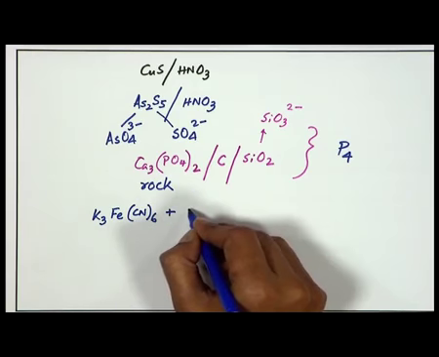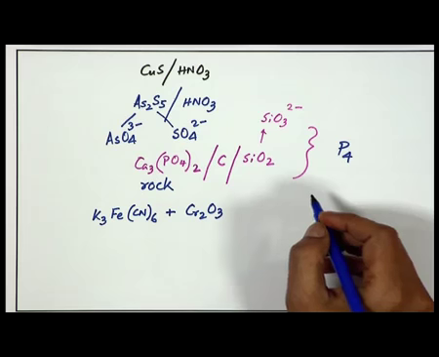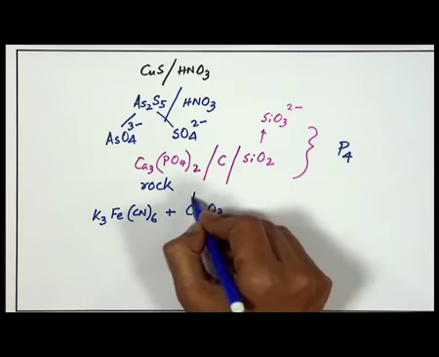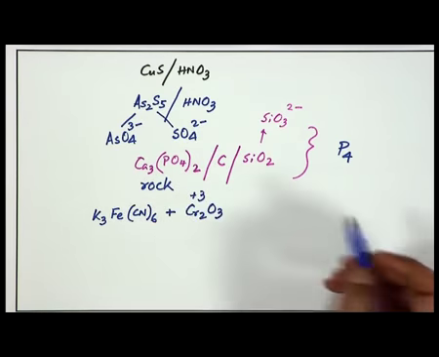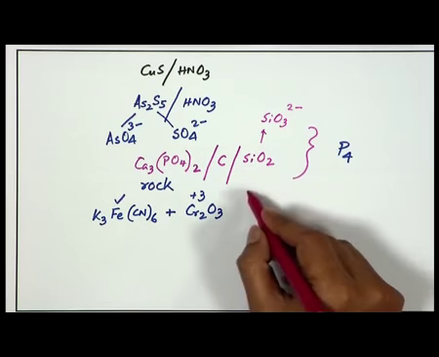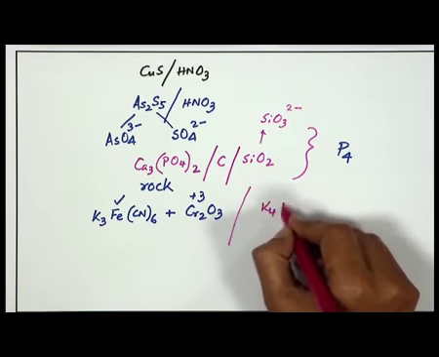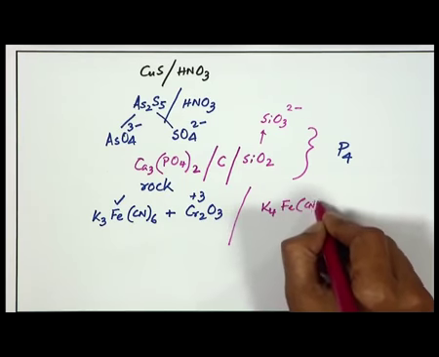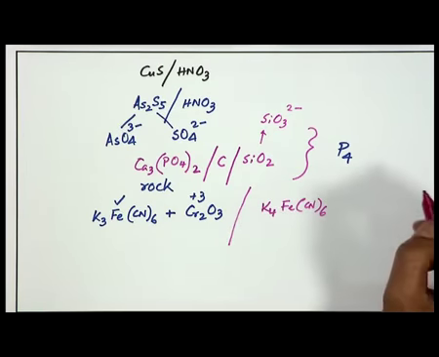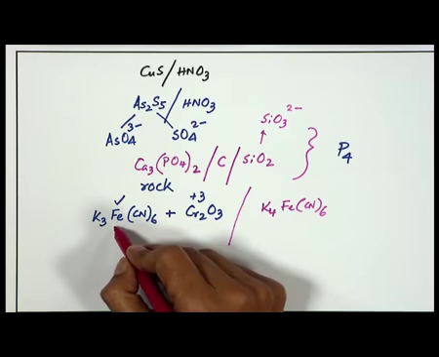When it reacts with Cr2O3, the chromium oxide in +3 oxidation state, we assign the corresponding oxidation state of this iron center, and then we know the corresponding products, which will be K4[Fe(CN)6].